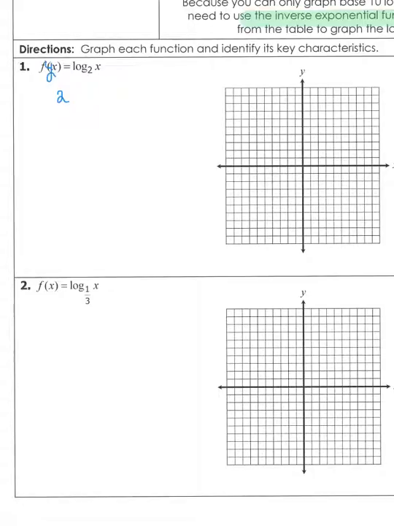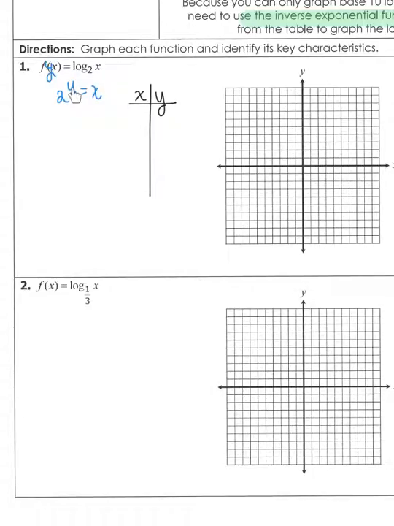So it's going to be 2 to the y, because we're switching them, 2 to the y is equal to x. So that's what we're going to graph, and that's what we're going to put into our xy table.